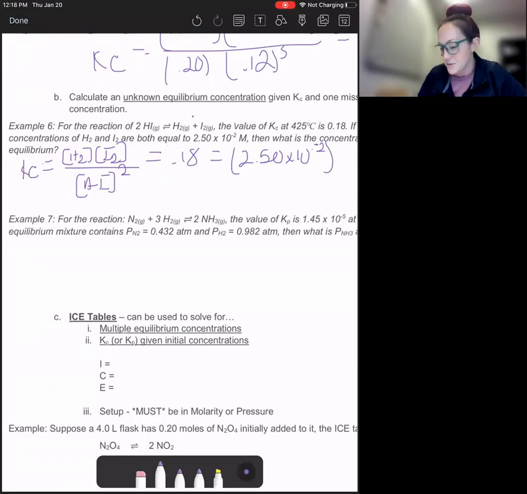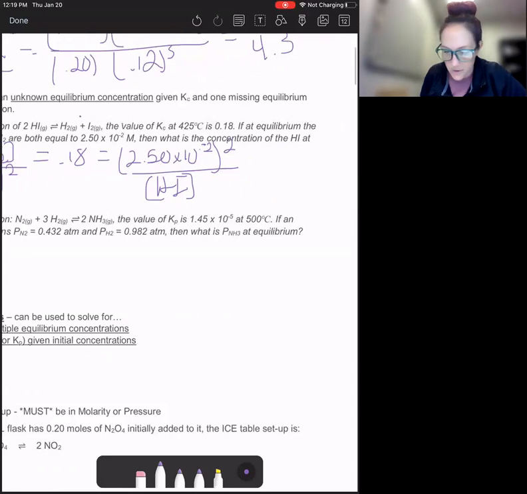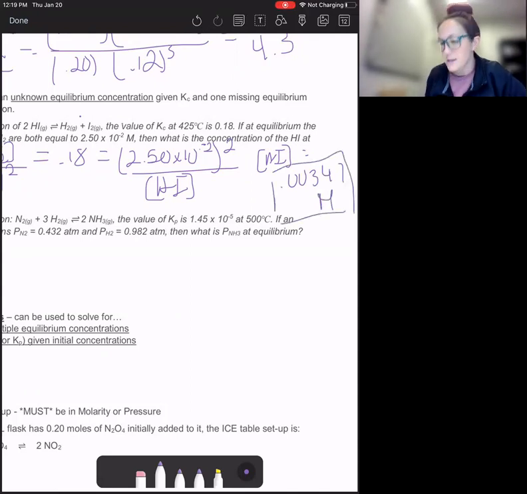Now they're both the same, so instead of writing it twice, I'm just going to write squared over the HI concentration. Okay, that's pretty straightforward algebra. We can solve for HI, and we are going to get 0.00347 molar if I keep my significant figures correct. That's what you should get for that one.